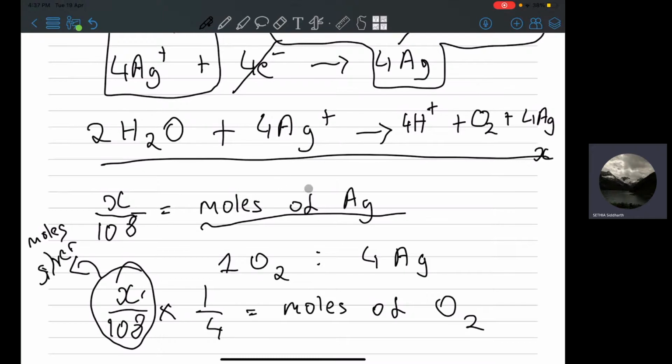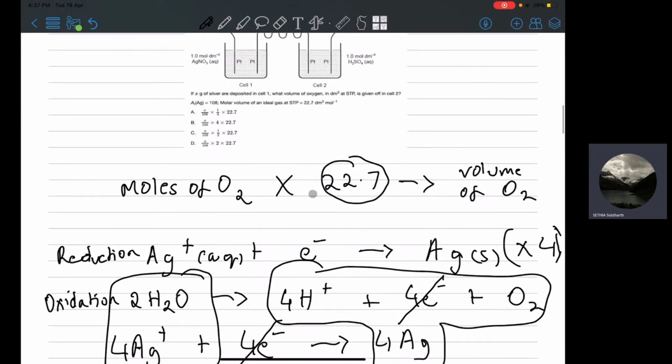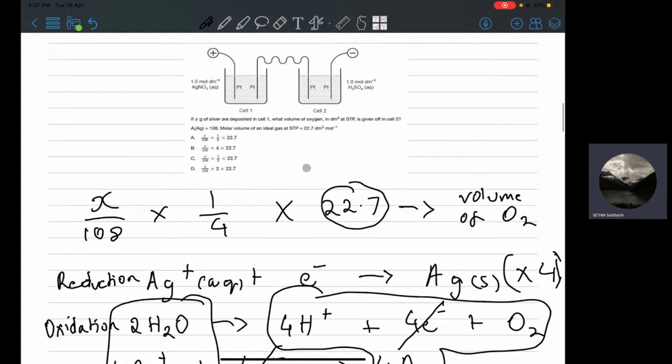So now if we go back up to our main equation over here, we can substitute the value that we just got, and what we get is X over 108 times 1 over 4 times 22.7 is going to give us the volume of oxygen. And this part is the number of moles of oxygen.